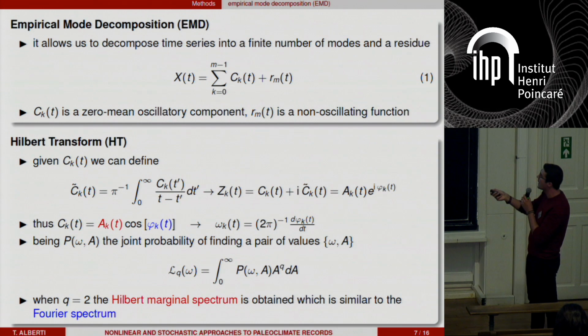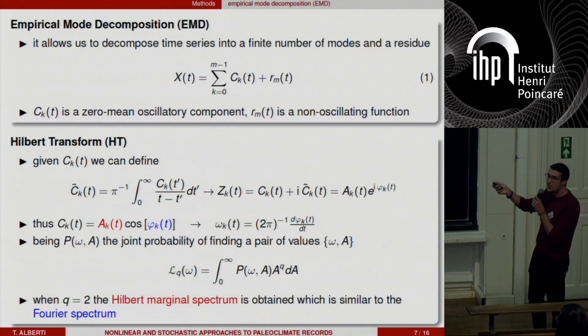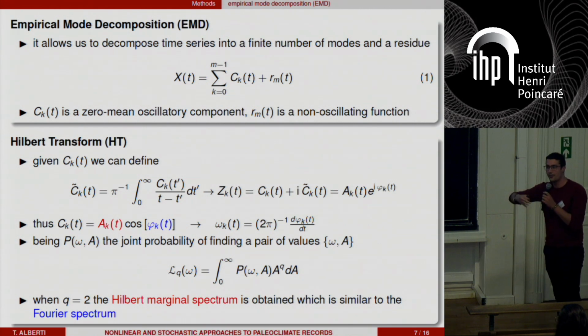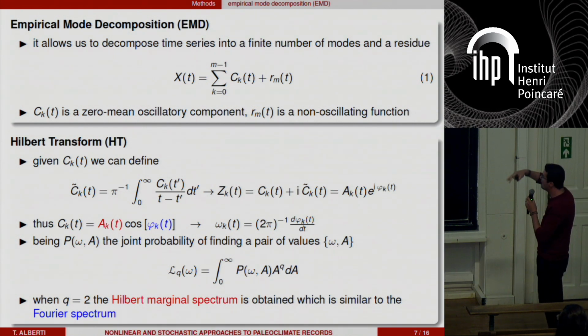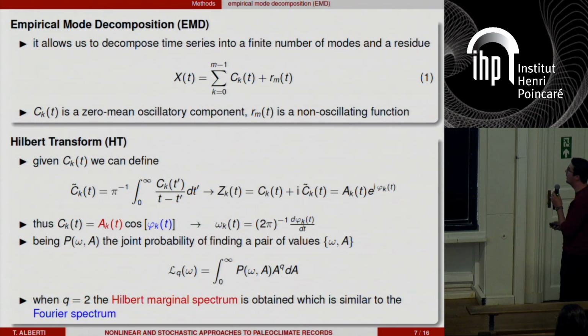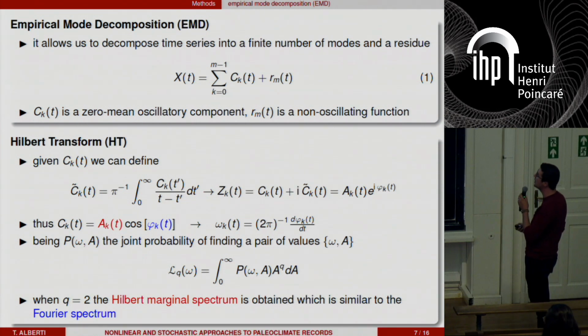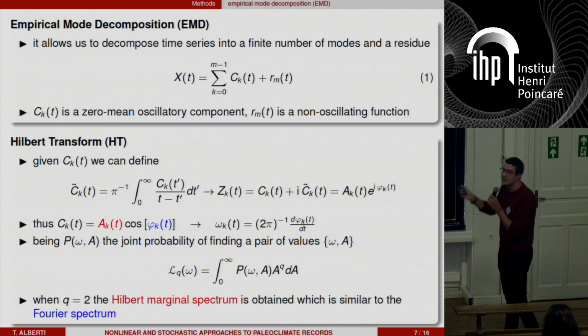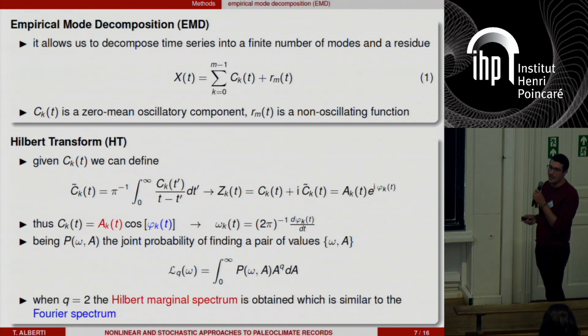In this case you are able to follow the nonlinearities present in your time series, and also the non-stationarities, because your frequency is time-dependent. So you have more local information about your time series, and you can also define the generalized Hilbert power spectral density, and in the case where q is equal to 2, you obtain the so-called Hilbert marginal spectrum, which is exactly the counterpart of the Fourier spectrum.